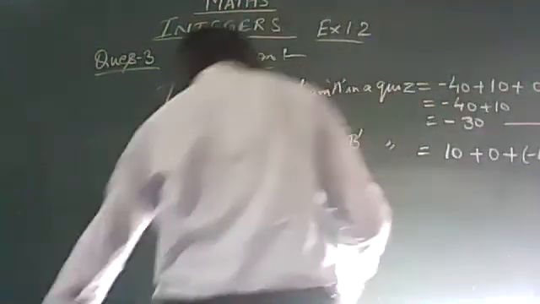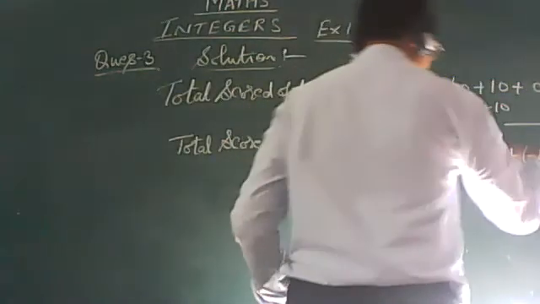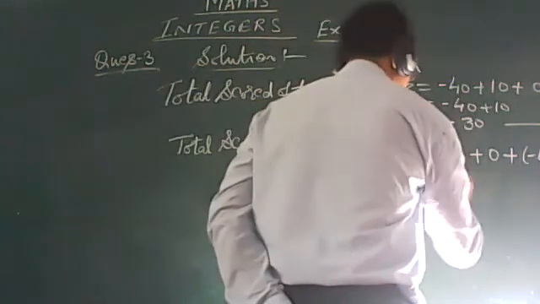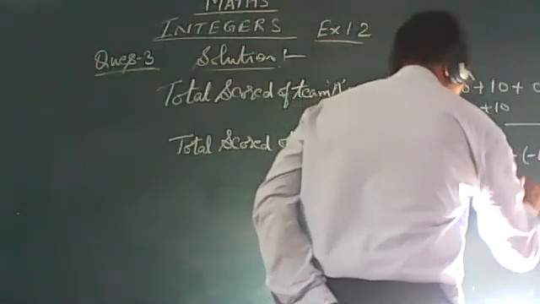If a number is negative and comes after some numbers, we show it in bracket form. So first we open the bracket: 10 plus 0 plus minus 40.